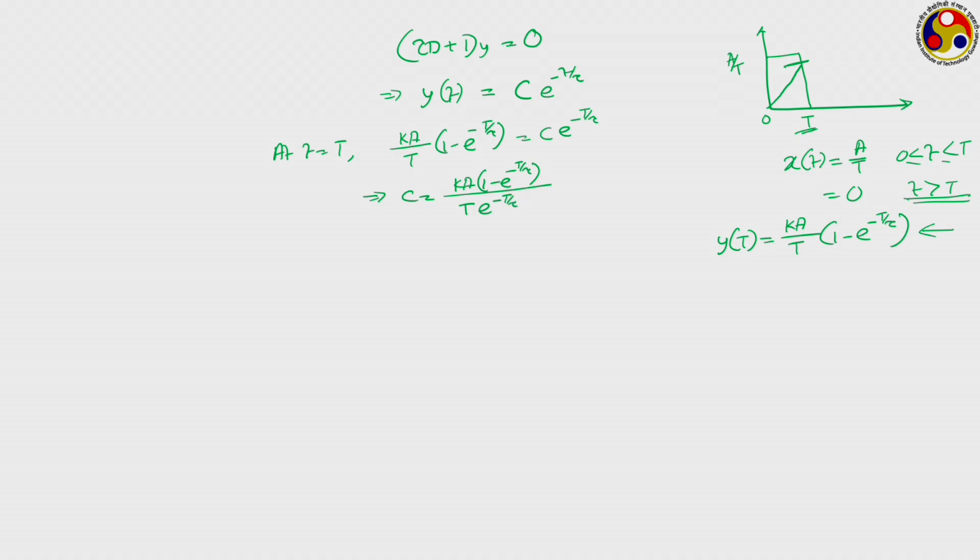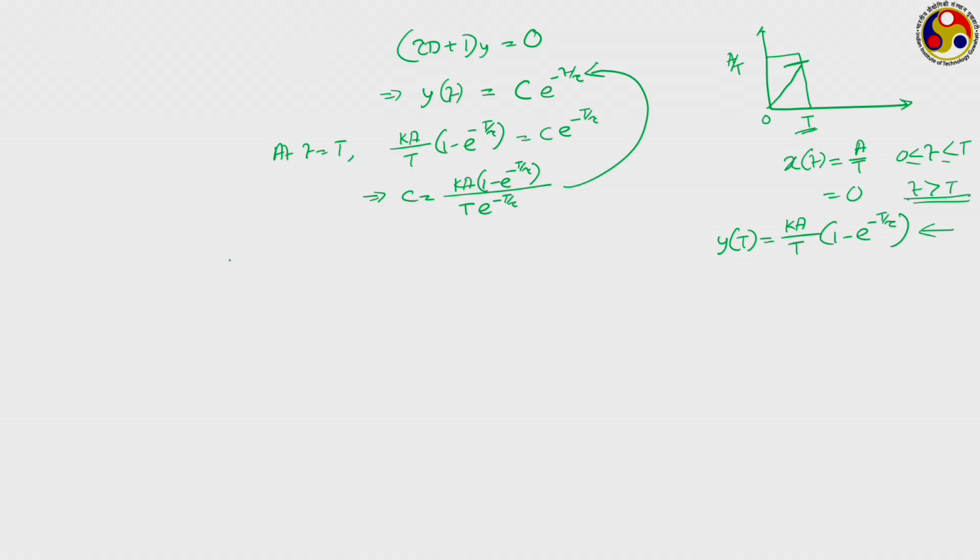So, this is the value of the constant, and putting this constant back into this equation, we now get the temperature profile beyond this. It is a negative exponential profile.